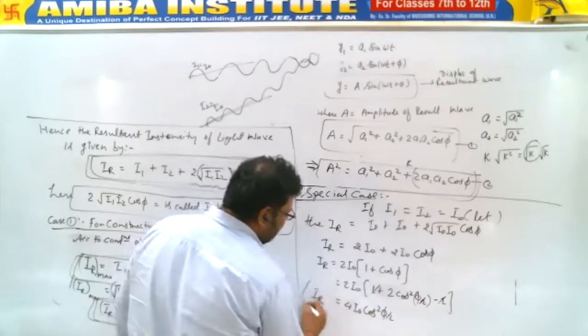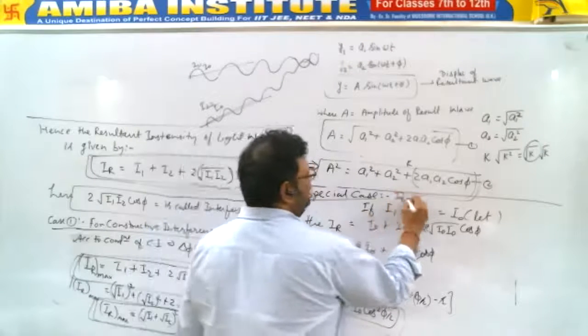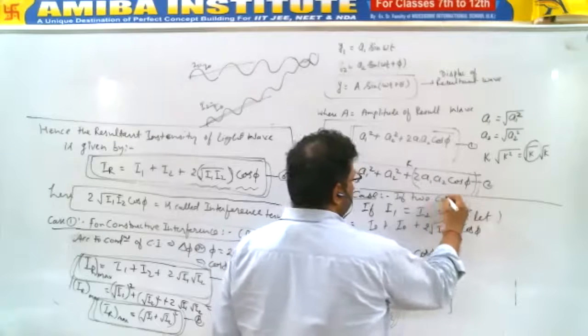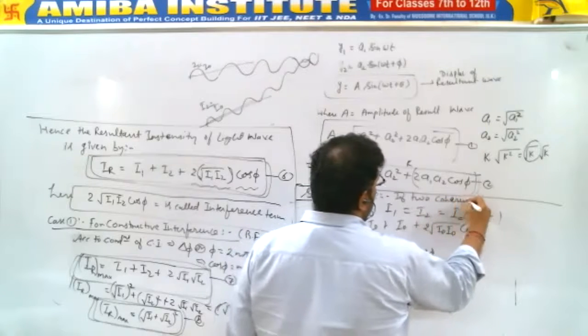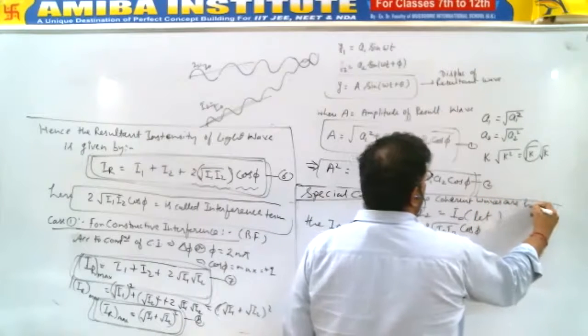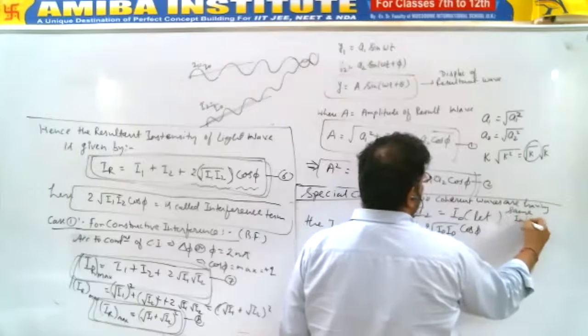This is the resultant intensity if two coherent waves have the same intensity of light.